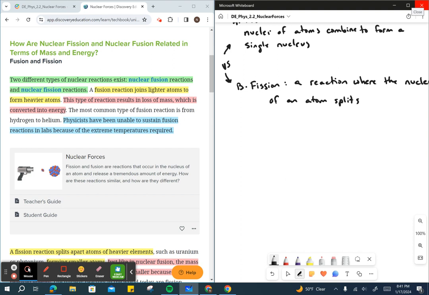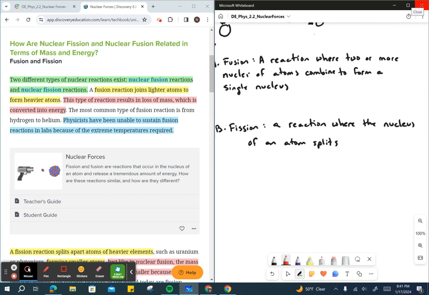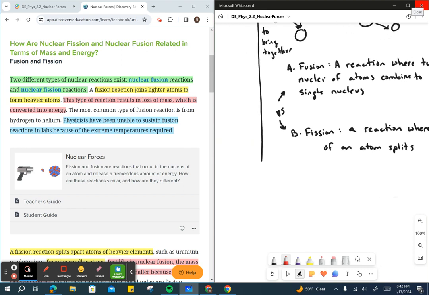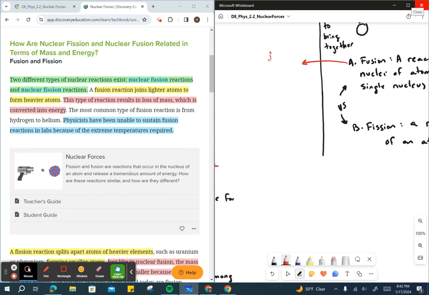Taking a look here, the next sentence: a fusion reaction joins lighter atoms to form heavier atoms. Okay, so with fusion, a reaction where two or more nuclei of atoms combine to form a single nucleus, we're just going to make a connection over here. Fusion joins lighter atoms to form heavier atoms.